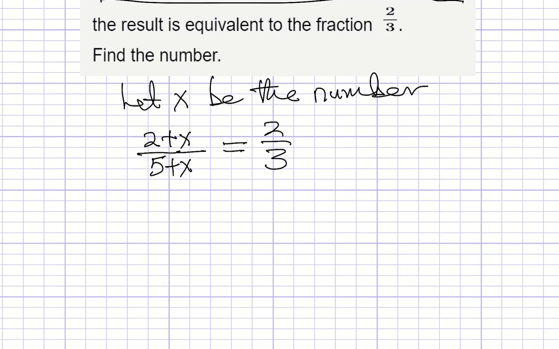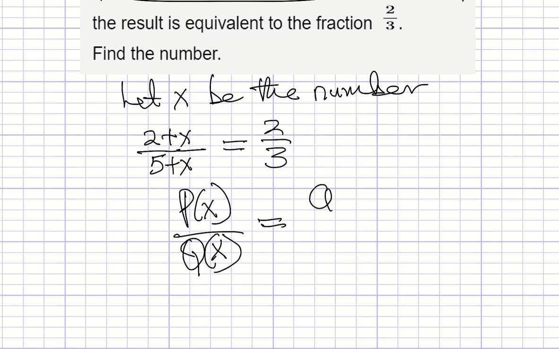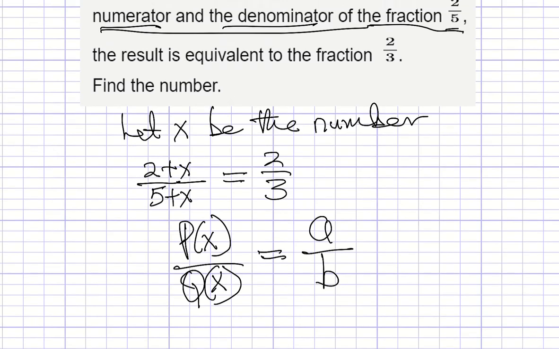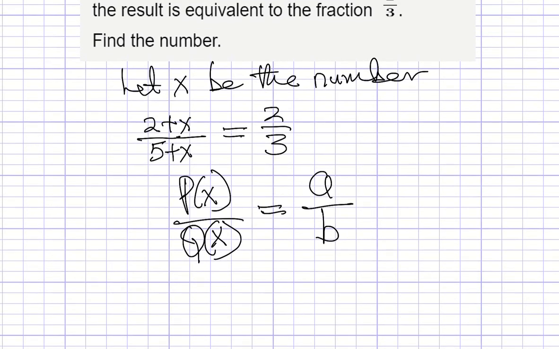There's really nothing to reduce, but let me explain something to you. You should know this. If you have a polynomial, P(x) over Q(x), noting that Q(x) is not equal to 0, and you equate it to a quantity, let's say a over b, I think I explained this in my arithmetic video and other places.